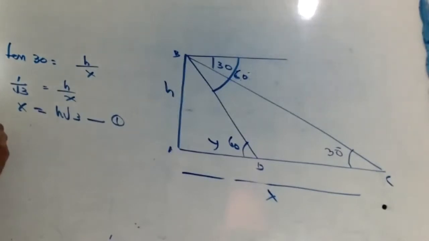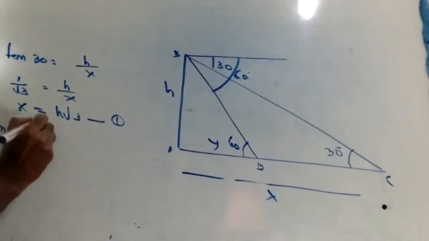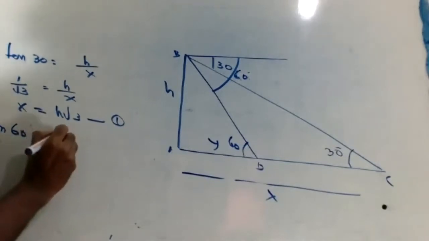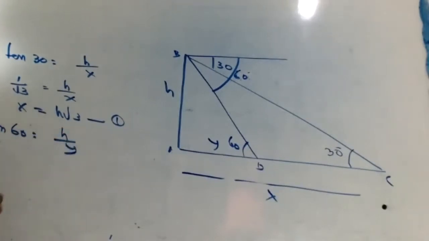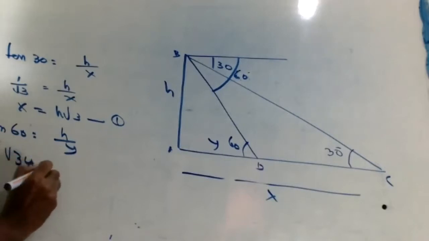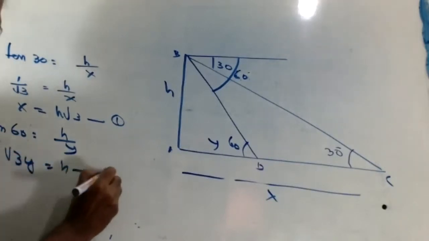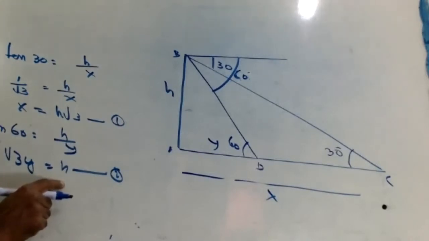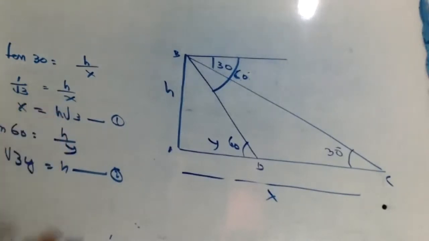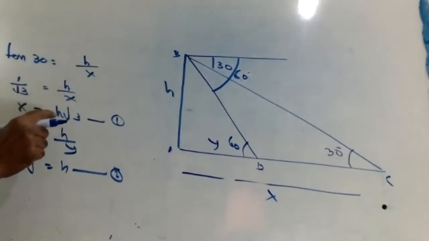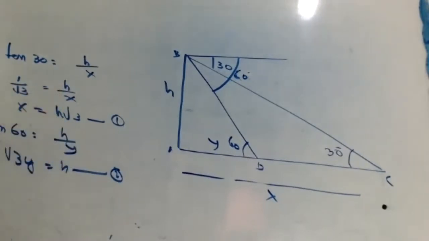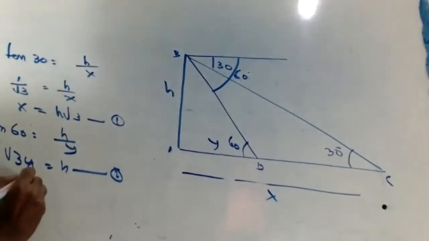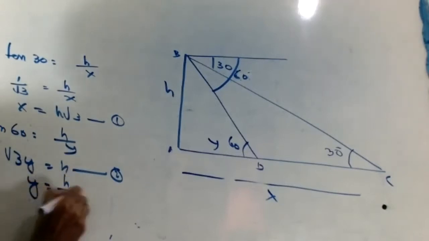Then tan 60 equals h by y. Root 3 y equals h, so y equals h by root 3.